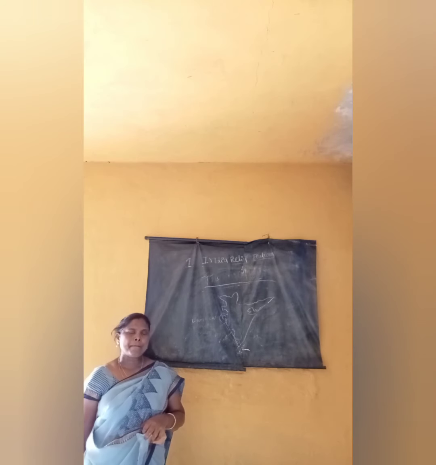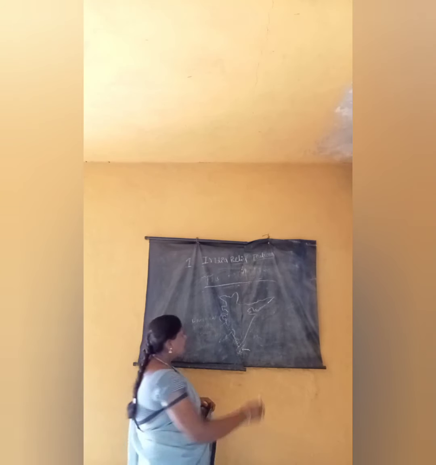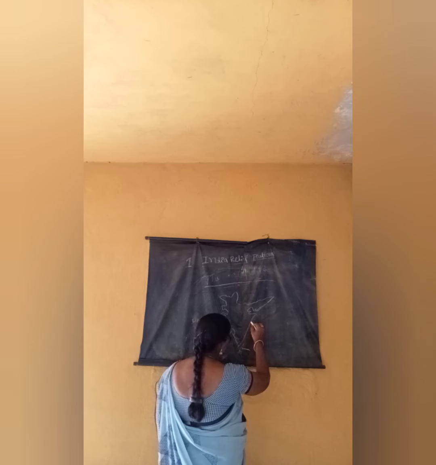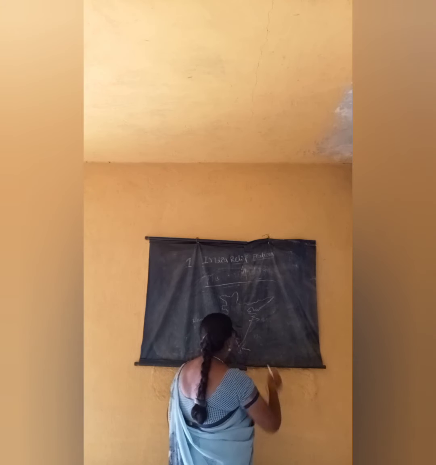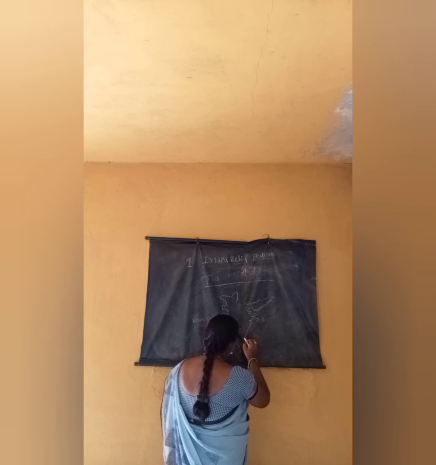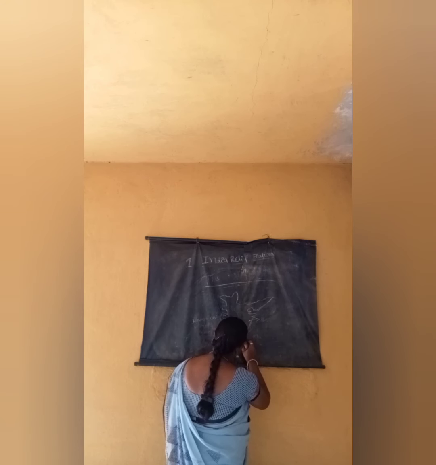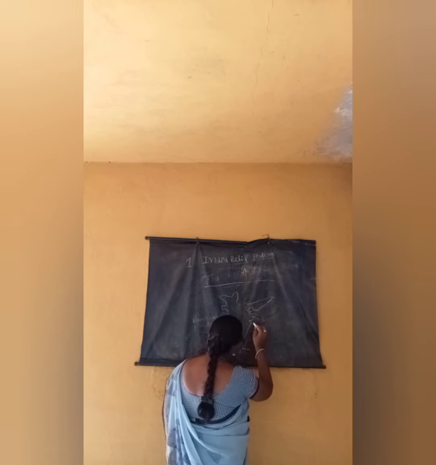Okay. Next, the east coast local names. It starts from Mahanadi in Odisha and ends at Tamil Nadu.